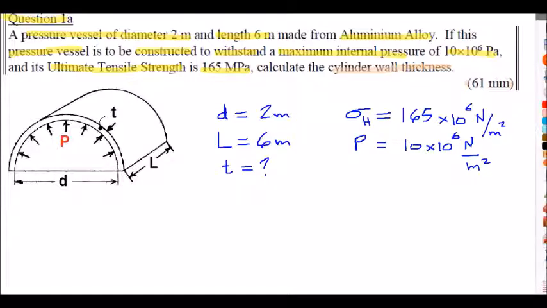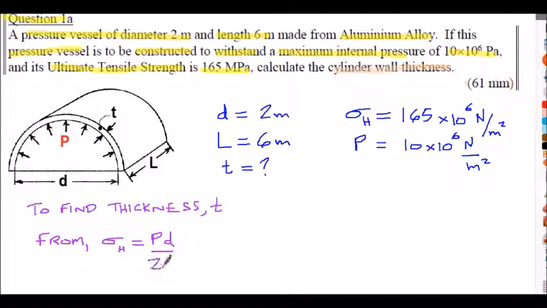So when we design a vessel, a cylindrical vessel here, we know the maximum stress is PD upon 2T. To find thickness, in our case T, from the hoop stress is equal to PD upon 2T, we're just going to transpose that for the thickness, so the thickness will equal PD upon twice the hoop stress.